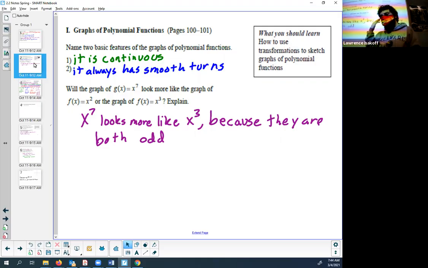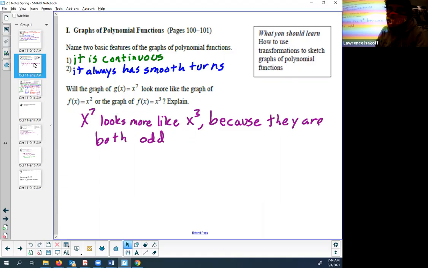Well, I know already because 7 is an odd power, it's going to look more like x cubed. Let's take a look at that. So even powers will look more familiar to other even powers. Odd powers will look more familiar to odd powers.